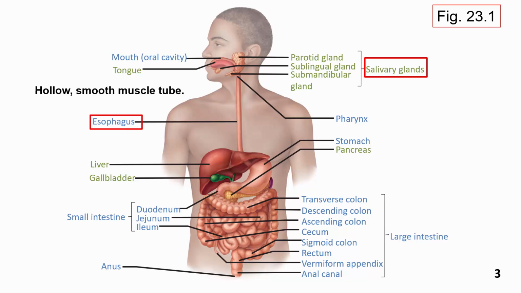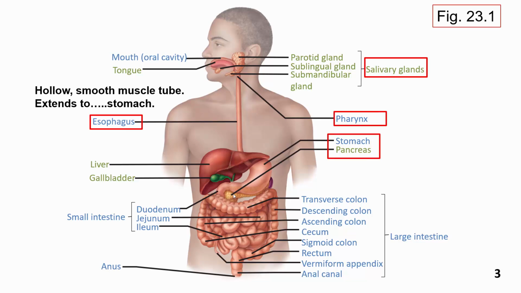So through the pharynx, when we are chewing food, we swallow what's called a bolus, BOLUS, of a portion of that food, and that food will move through the pharynx into the inferior esophagus, which can be described as a hollow, smooth muscle tube, and this extends further inferior as it becomes continuous with the stomach.